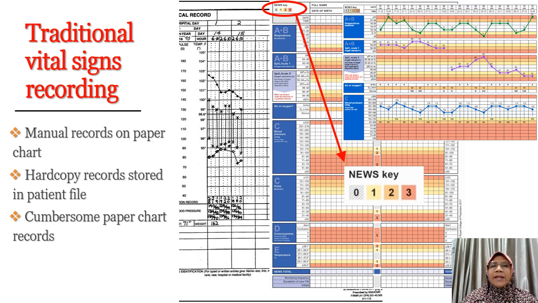And another thing is that for recording the vital signs, they use the key for the NEWS score, where they have to fill in the score, whether the score value is 0, 1, 2, or 3, based on the color coding. Okay, at the end, they will have to total up the score at the bottom of the chart.